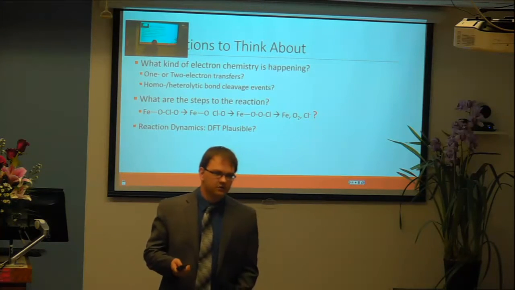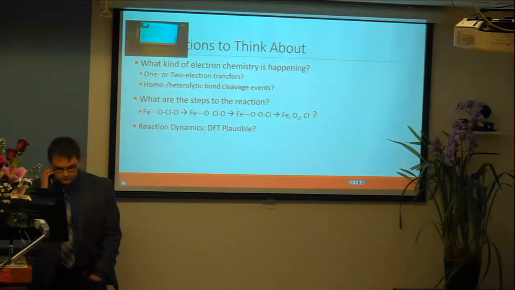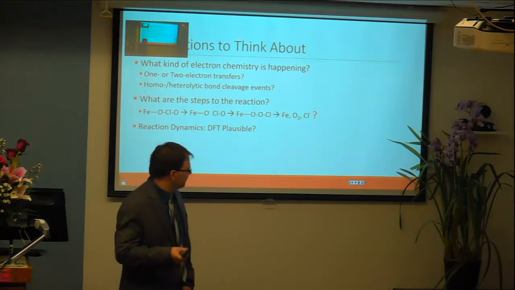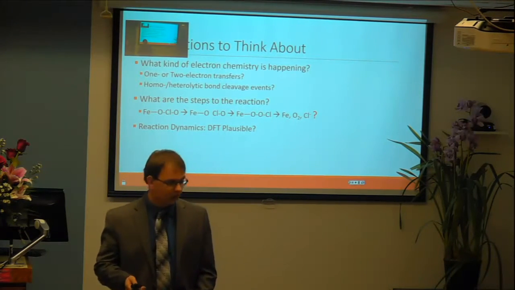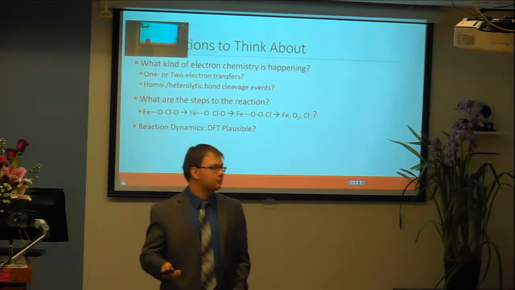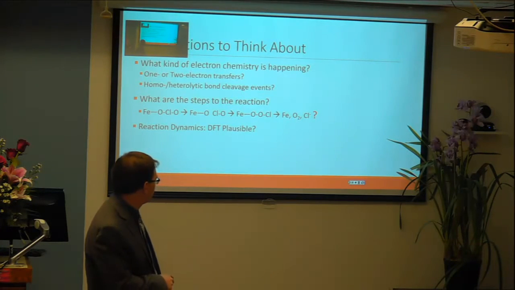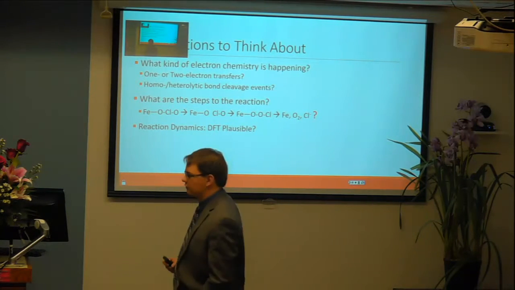But that has not necessarily been seen in experiments to my knowledge. Also, interesting fact, it produces a peroxide linkage, an oxygen-oxygen bond that has been seen in experiment. And then it would undergo another last step to produce molecular oxygen and chloride.